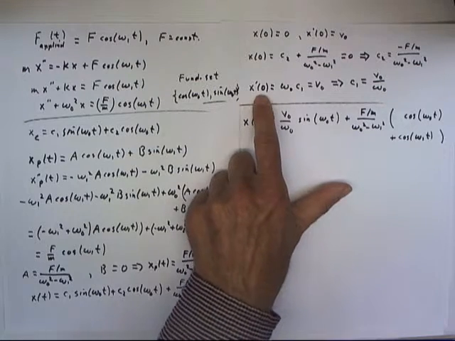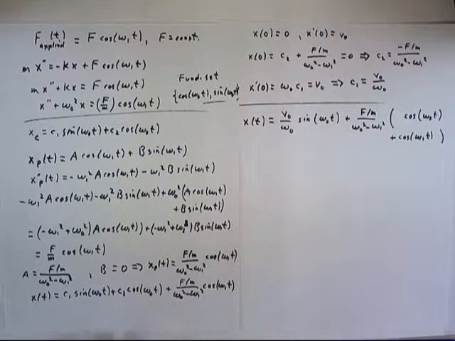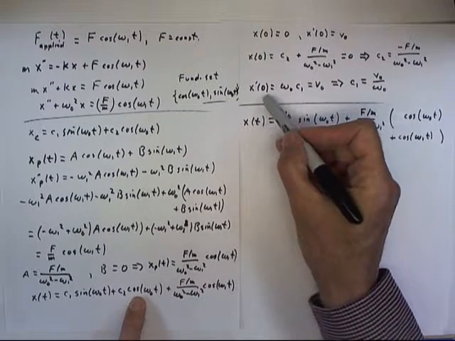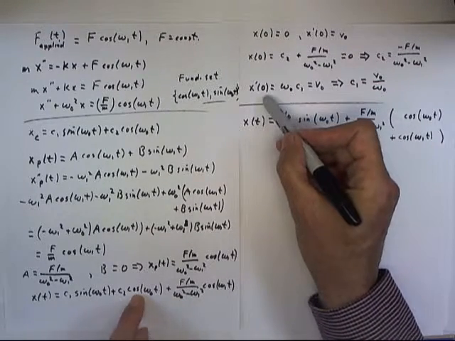Now, x prime of 0, well, x prime, our sine is going to become omega naught times a cosine. Our cosines are going to become omega naughts times negative sines, and omega 1 times a negative sine. But both of these are going to have sine functions as their derivatives, and the sine of 0 being 0, they don't affect the initial condition at t equals 0.